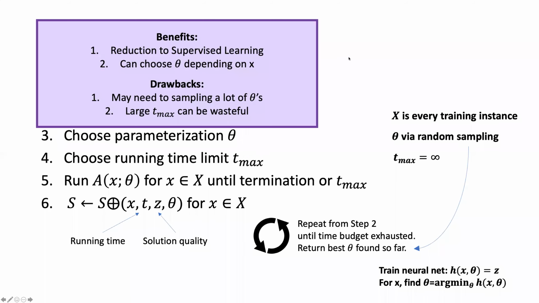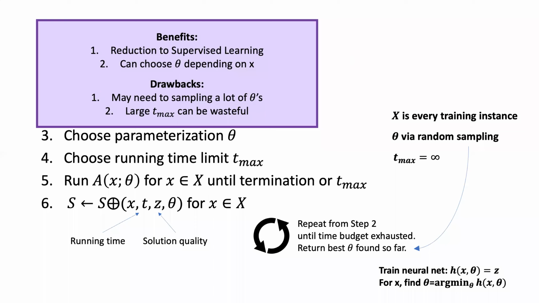So the benefit is that it's a reduction. Again, it's super simple. It's a reduction to supervised learning, which we know how to do. You can just plug and play this with TensorFlow or PyTorch. An additional benefit here, which is not a benefit of the previous examples, is that we can now choose theta depending on x. The previous examples just choose the global theta for all problem instances.